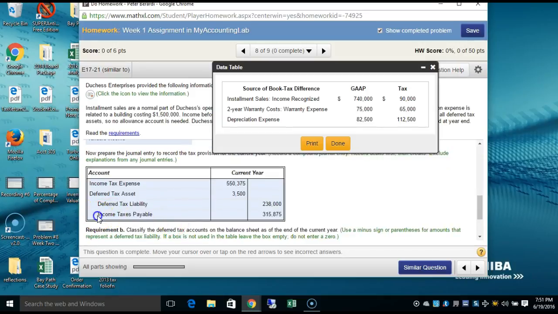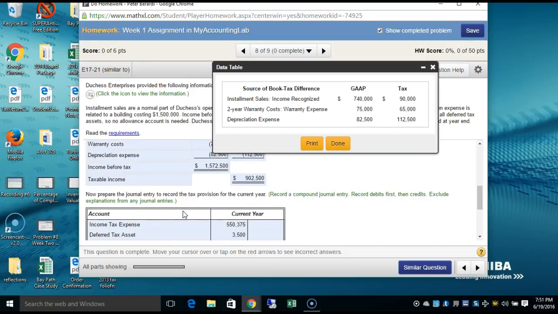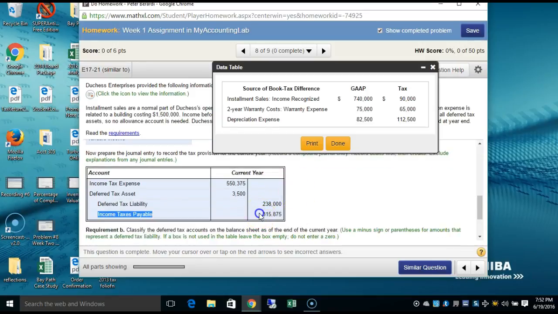To get to your income tax payable, you're using the tax books. The $902,500 times the 35% tax rate equals $315,875 as your taxes payable. The difference between the income tax expense and the income tax payable is a combination of your deferred tax asset and liabilities.